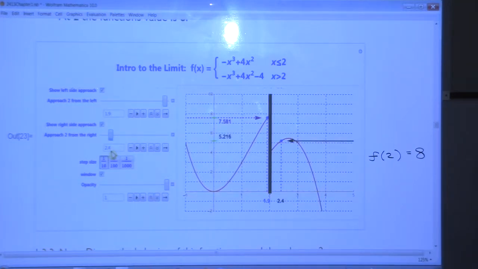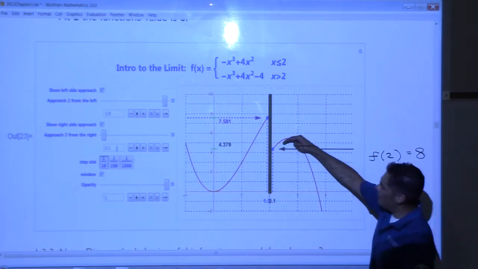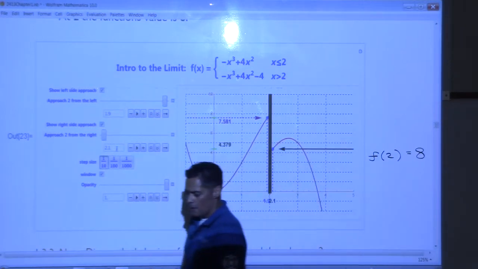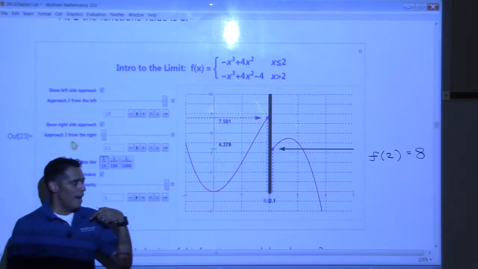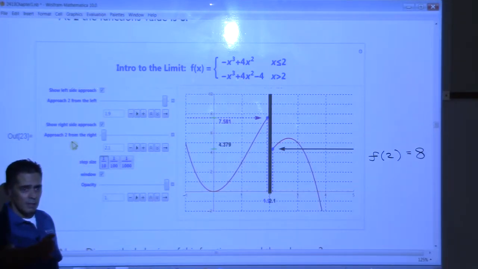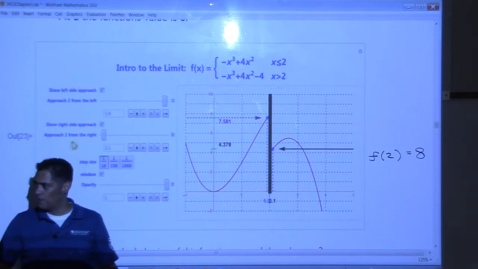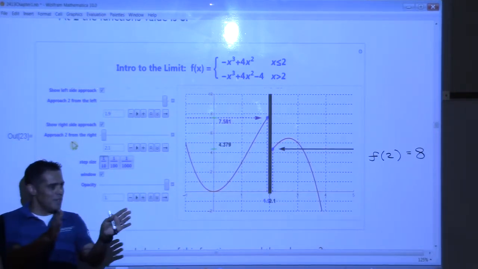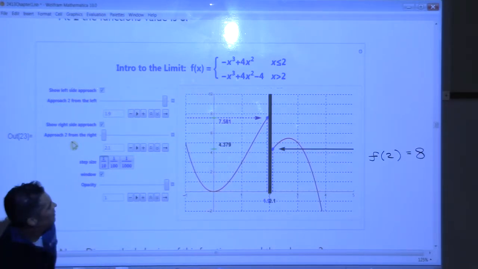And then as we get closer and closer to 2, coming in from the right, it looks like it's diving back down to about 4. So what was happening at 2? At 2 it was 8. From the left it was 8, and from the right it was 4. So of the three things that we're looking at, two of them were the same and one of them wasn't.